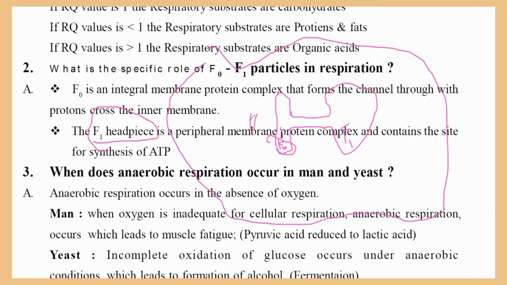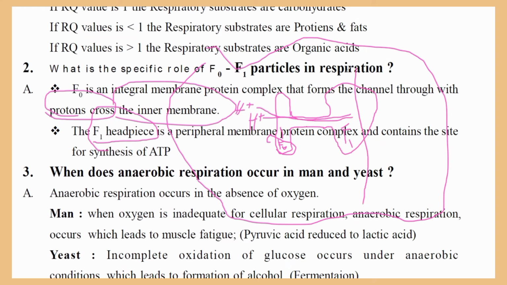Here from inside to outside, protons, H plus ions, are called protons. These protons move across the inner membrane. So these protons pass like this. While passing, what happens?